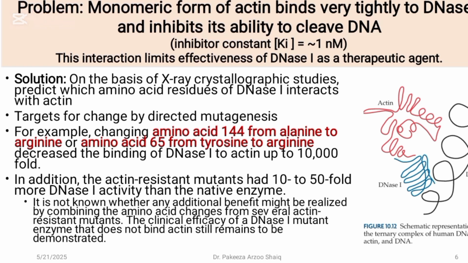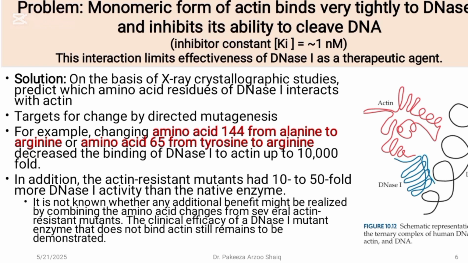And this binding of the monomeric form of actin actually inhibited its ability to cleave the DNA. You can imagine how tightly it binds to the monomeric forms of actin by looking at the inhibitor constant, which is around 1 nanomolar. So in other words, this interaction limits the effectiveness of DNase 1 as a therapeutic agent for relieving the mucus which gets clogged in the airways of cystic fibrosis patients.